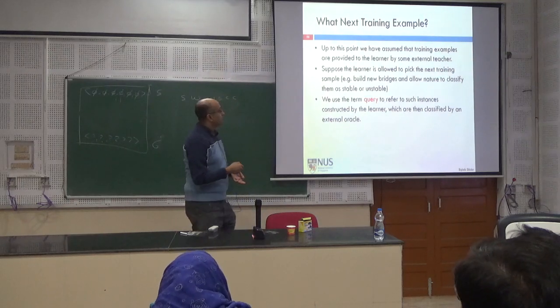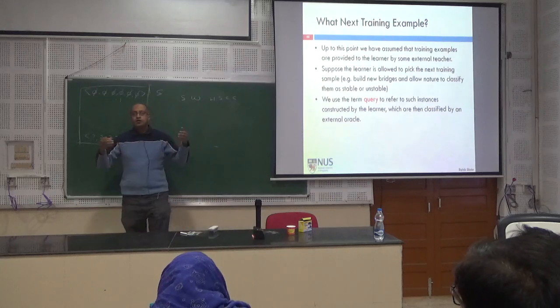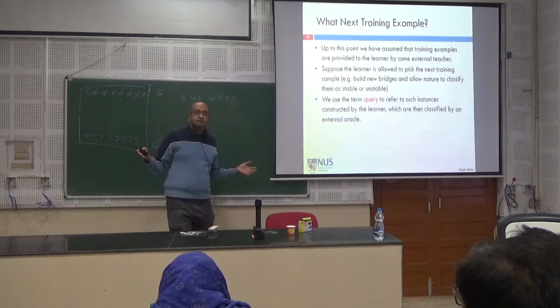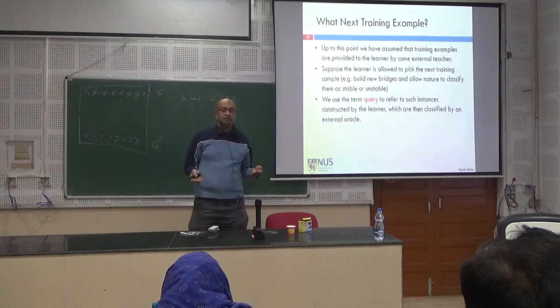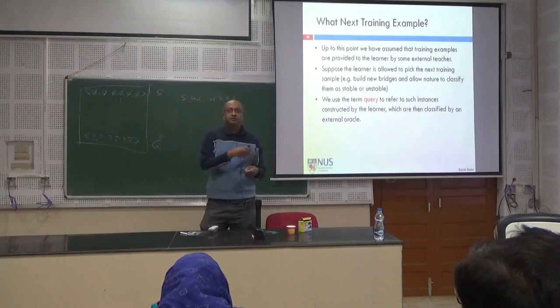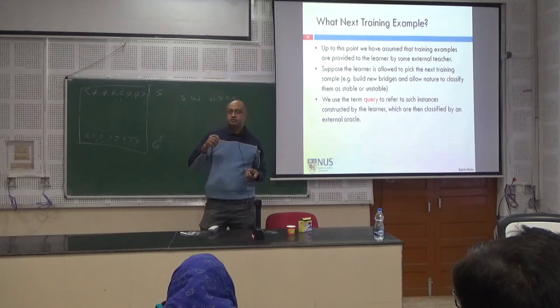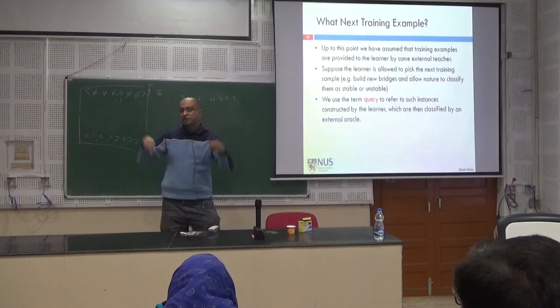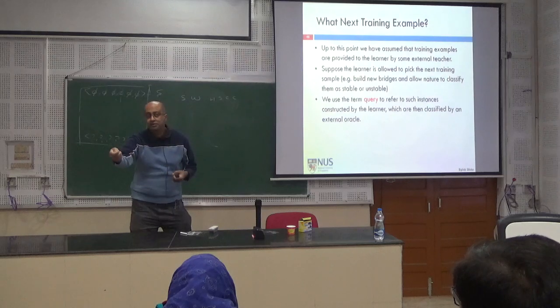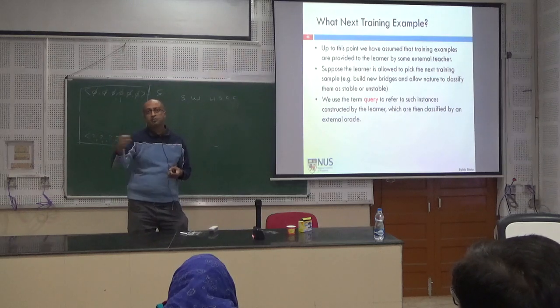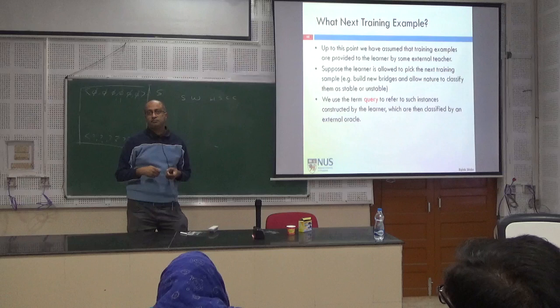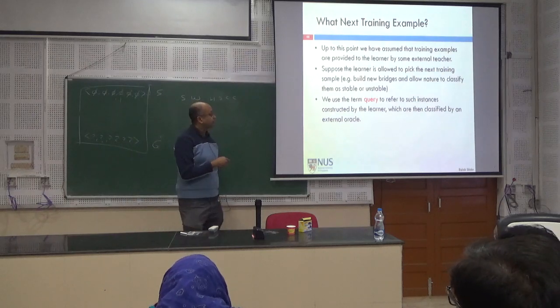So, for example, let's say you're doing a classification of faces for male and female. You have 5 pictures, you have classified them, and so on. Now you have a new picture, and you can go to your teacher and say, please label this for me. Is it a boy or a girl? So sometimes you may have that choice.